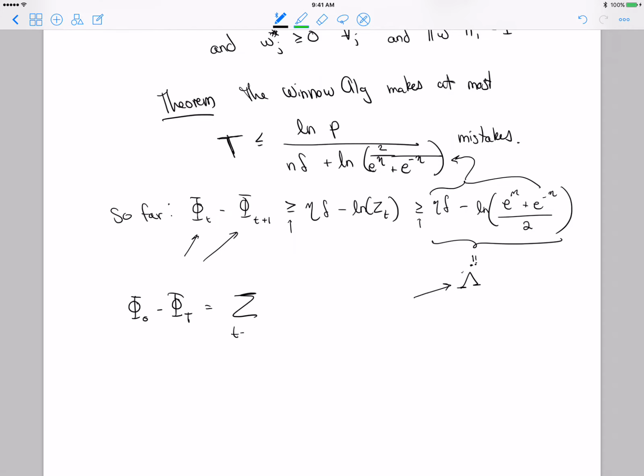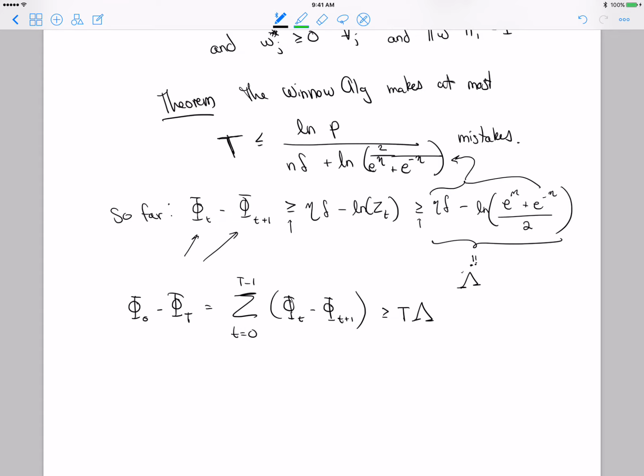So this is a telescoping sum, and this thing then is greater than t times that guy, right? Because this is the improvement at every iteration, and we've had t iterations.